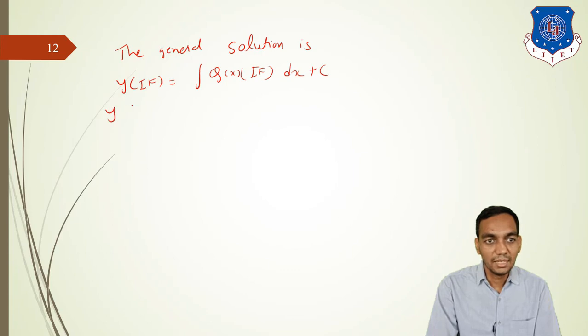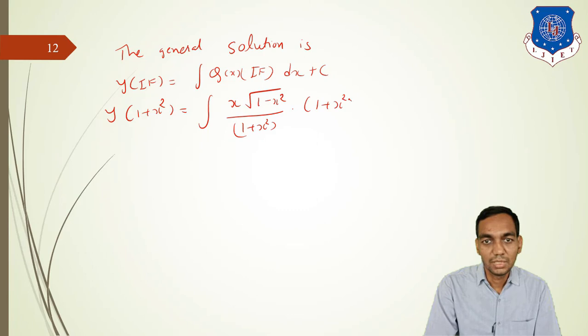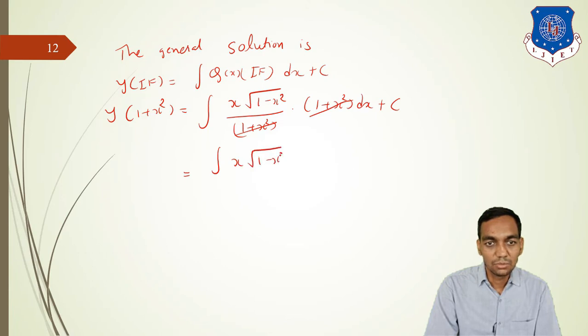So y into 1 plus x square is equal to integration of x under root 1 minus x square divided by 1 plus x square into IF, which is 1 plus x square, dx plus c. Now this 1 plus x square will be cancelled out, and you will have integration of x under root 1 minus x square dx plus c.